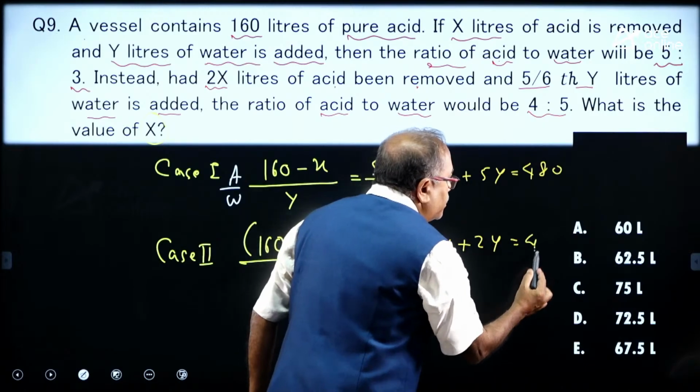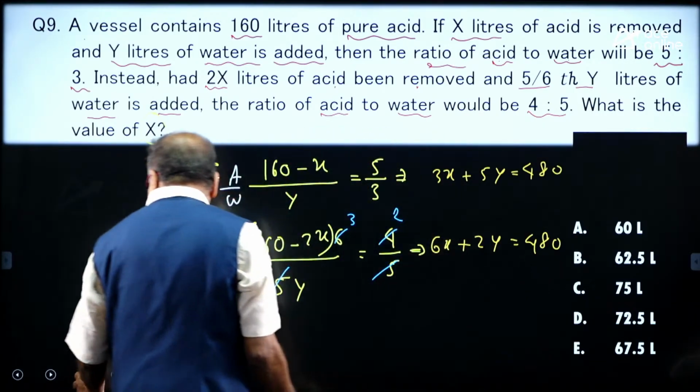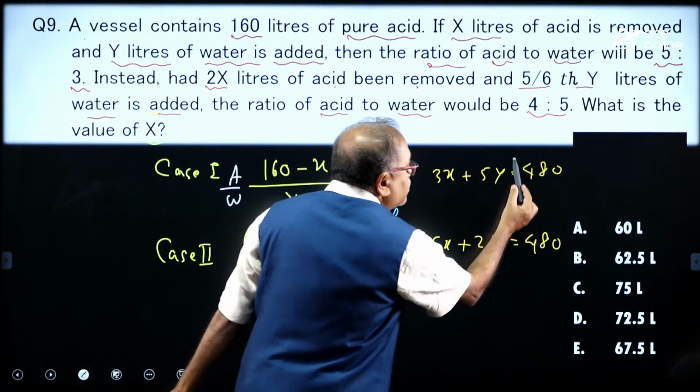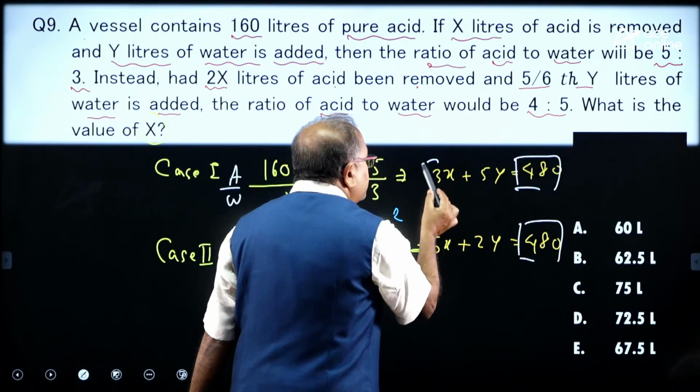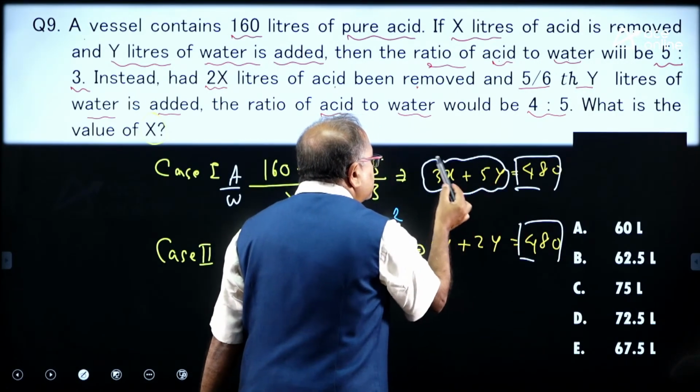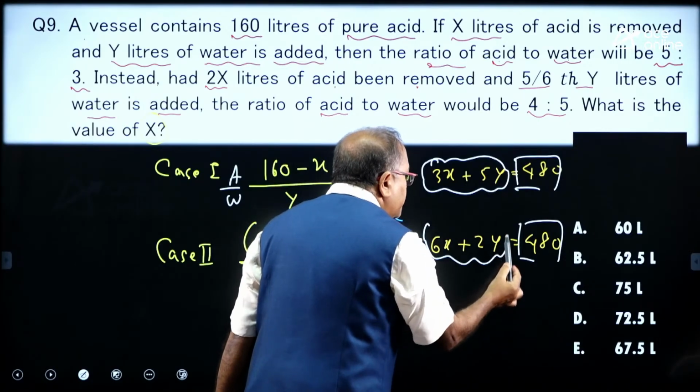Wow. Look at this one my dear friends, these two are equal, 480, 480, that means this expression is the same as this expression.